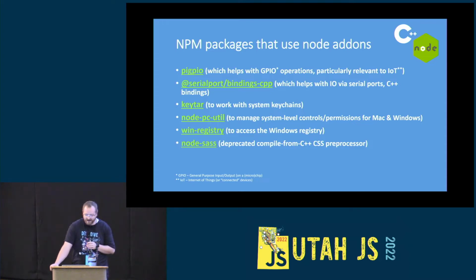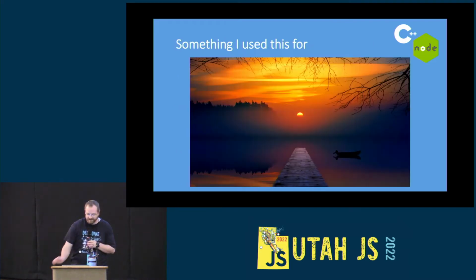Keytar, which though I know it also is related to an awkward keyboard plus guitar combo, actually is really cool. You can work with the system keychain. And many of you who've been in web development for several years probably have also experienced Node Sass, which thankfully was deprecated because of all of the problems it was causing. But now Dart Sass is the new right thing.